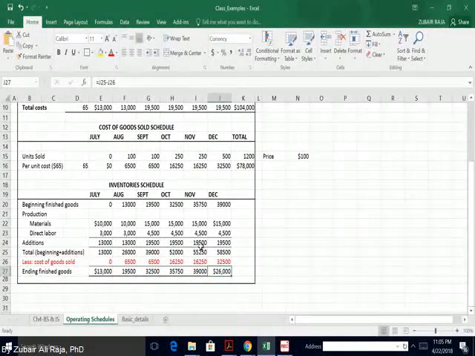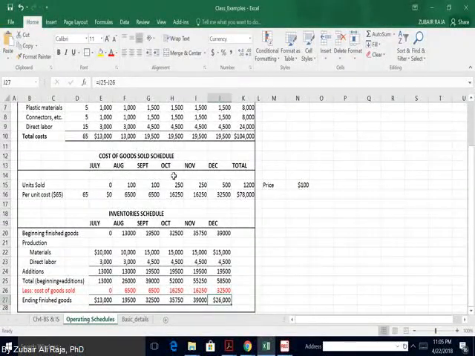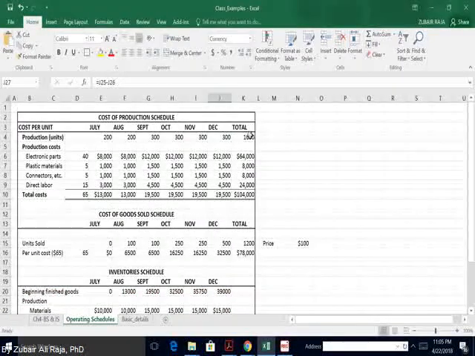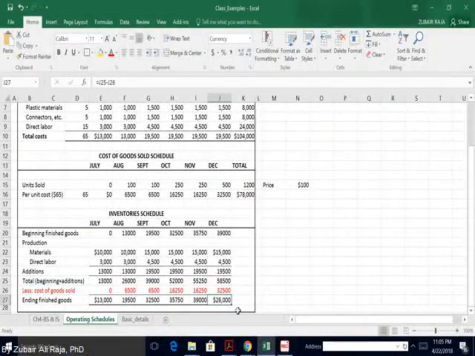So all those goods which they have prepared, they kept selling during all these months of August, September, October, November, December, and the final inventories, remember, they produced more. They produced 1,600 and they sold 1,200. So at the end of the day they were left with $26,000 worth of finished goods inventory by the end of December.